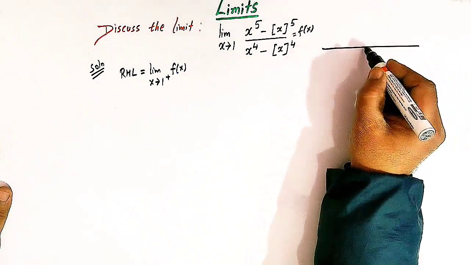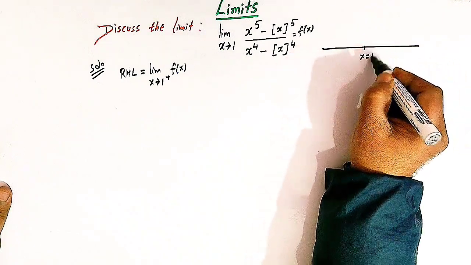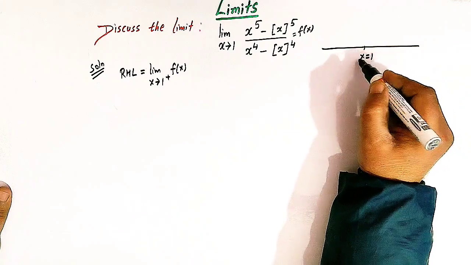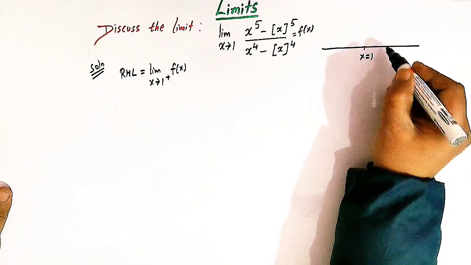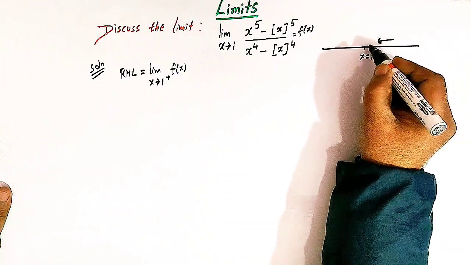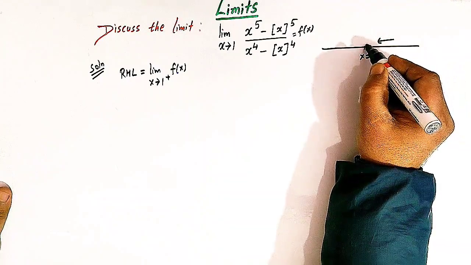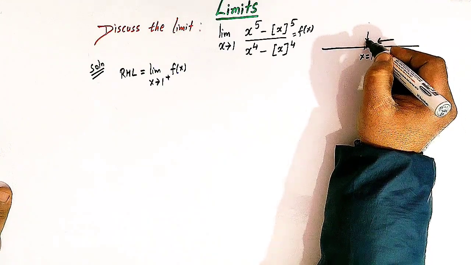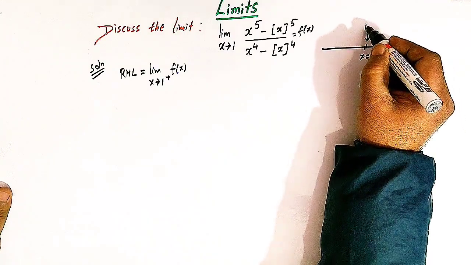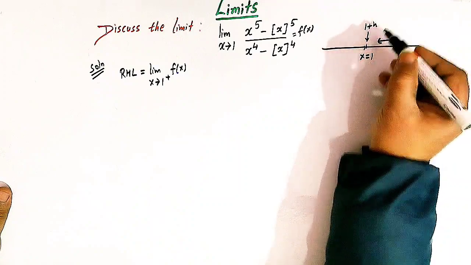So here we have x is equal to 1, and when we approach from the right of x is equal to 1, then we reach a point which is very close to x is equal to 1, and this neighborhood may be taken as 1 plus h, right?